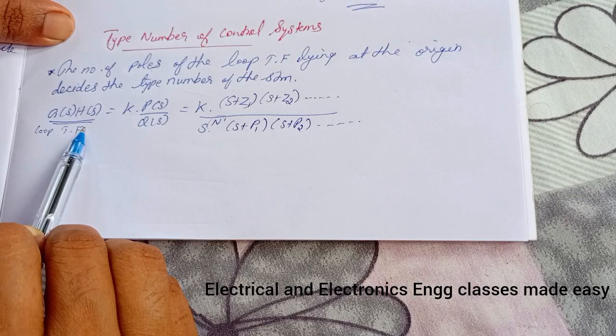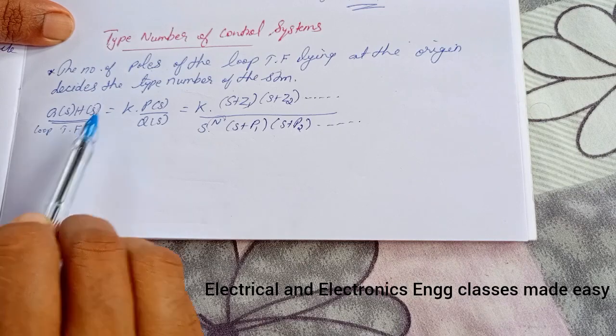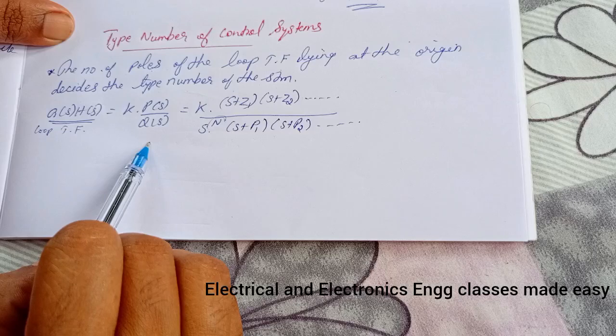The loop transfer function can be expressed as a ratio of two polynomials in s.